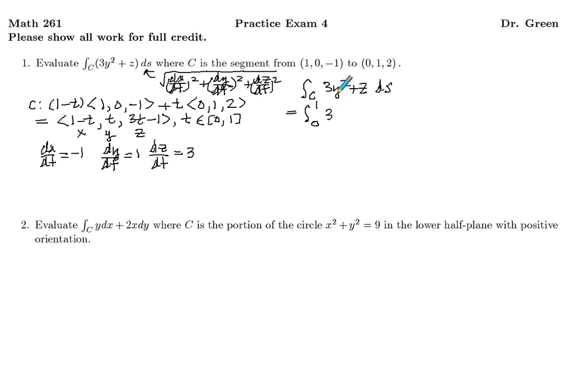And then 3 times our y squared, y is t, so that'll be 3t squared, plus z, z is 3t minus 1, so plus 3t minus 1. And then ds, which is going to be the square root of (dx/dt) squared, so that's negative 1 squared, plus (dy/dt) squared, so 1 squared, and then (dz/dt) squared is 3 squared.